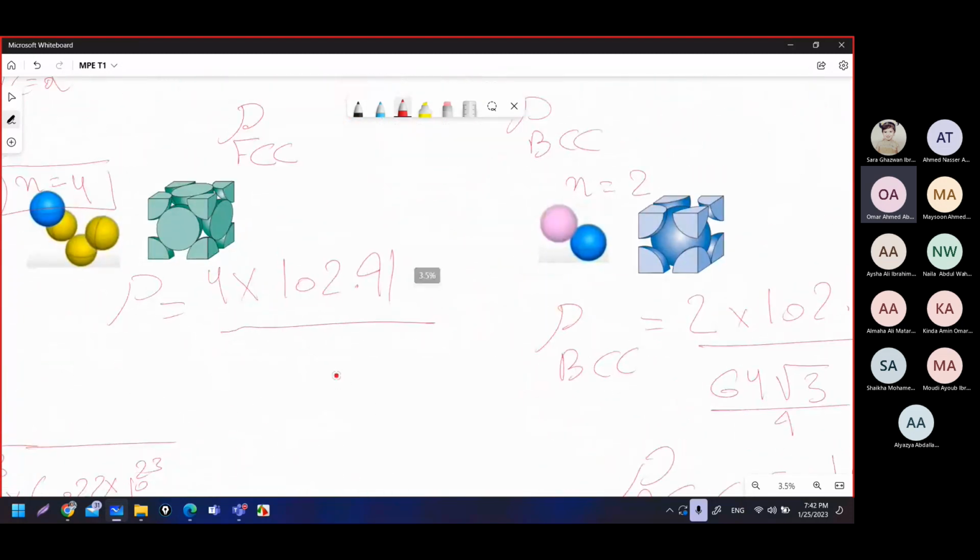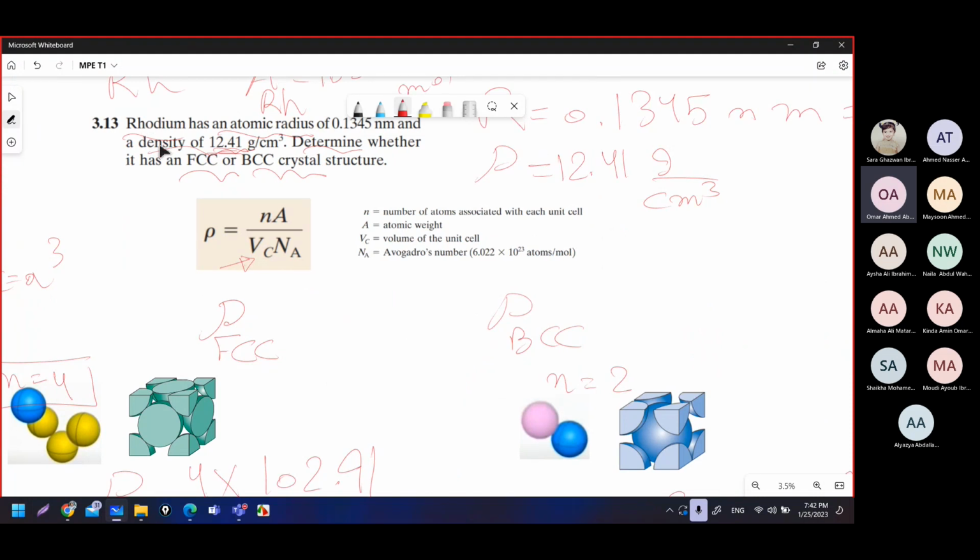So here VC will be 16 times square root of 2 times R cubed, where R cubed is 0.1345 times 10 to the power negative 7 cubed, times the Avogadro number, 6.022 times 10 to the power 23. This will give you exactly the same value given in the question, which is 12.41 gram per centimeter cubed. So we will say that rhodium has the FCC crystal structure.